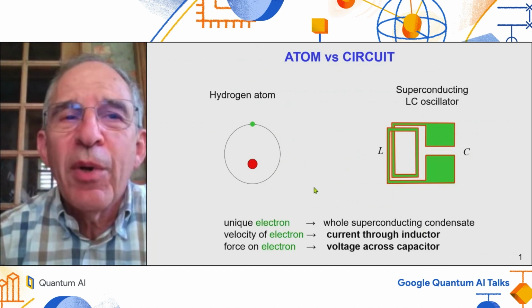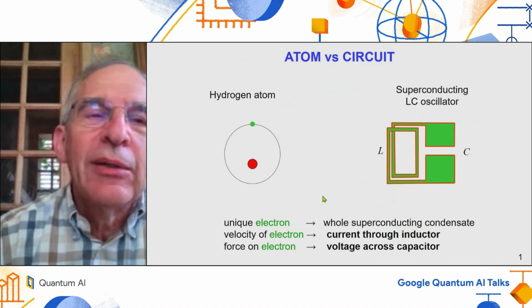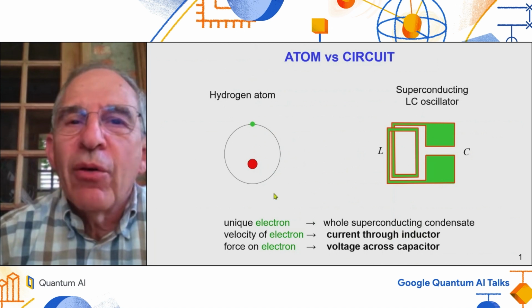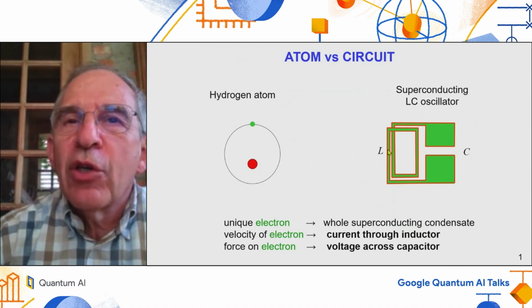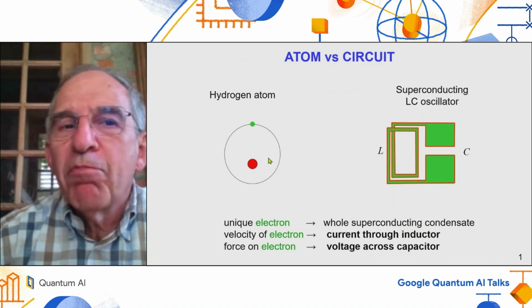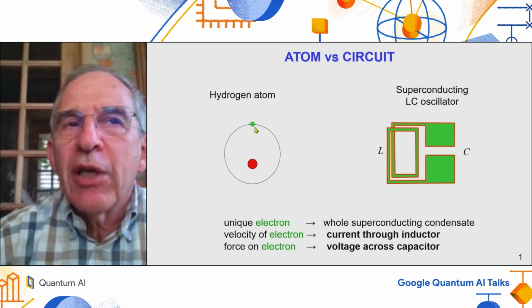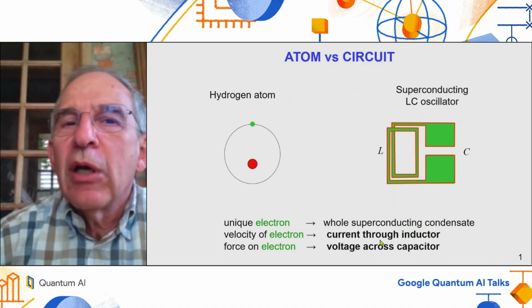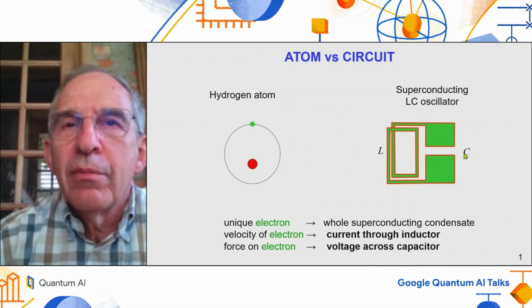And the correspondence is the following. We have the velocity of the electron around the atom, which here becomes a current through the inductor. And the way you can picture the force of the electron due to the nucleus now will be equivalent to the voltage across the capacitance.